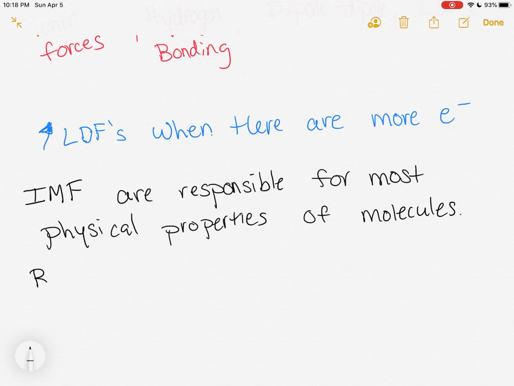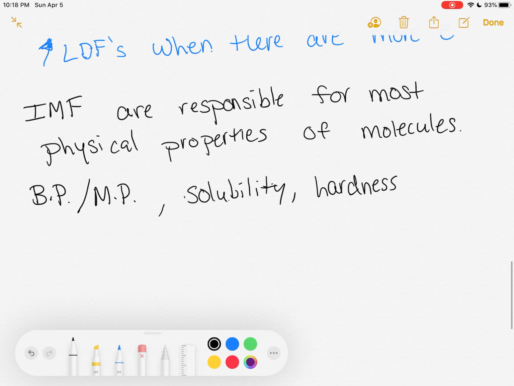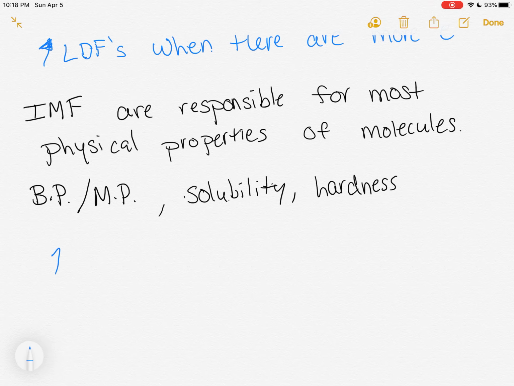That includes their boiling point or melting point, their solubility, as well as usually their hardness. So intermolecular forces are responsible for a lot of the physical properties of the molecules that we're going to look at.